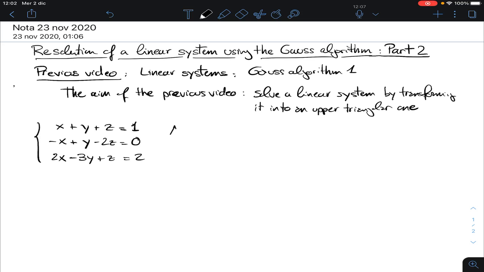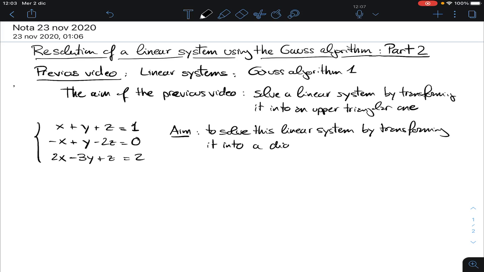Today's aim is to solve this linear system by transforming it into a diagonal one.